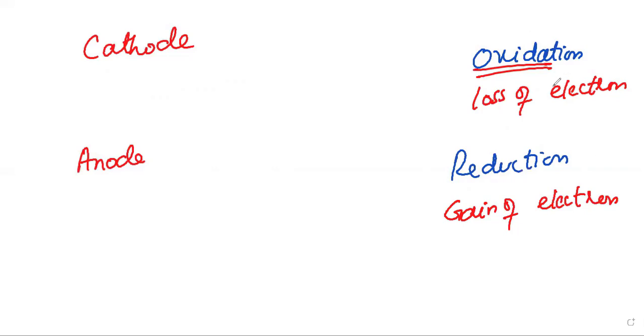But the point is, mostly students get confused about oxidation and reduction. They get confused where loss of electrons happens and where gain of electrons happens. Probably they think that in reduction there is loss of electrons and in oxidation gain of electrons. But you are a quite brilliant student.